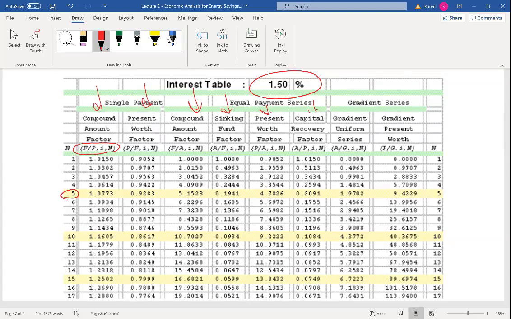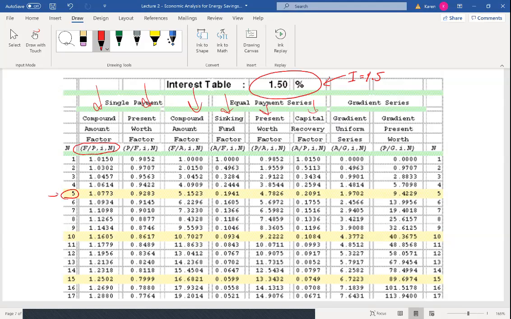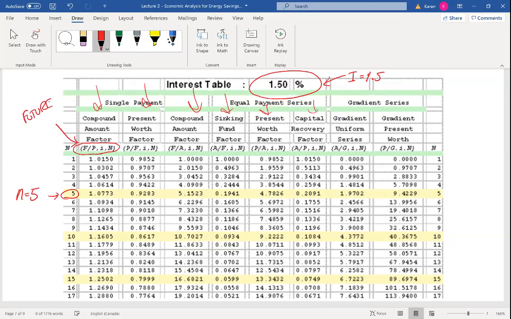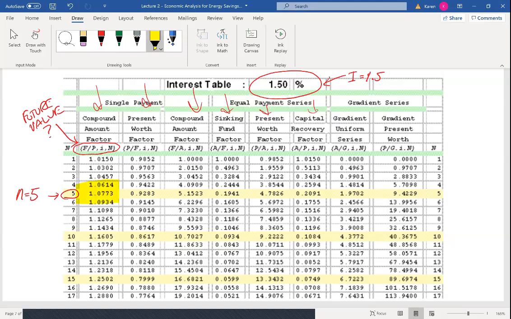In this case, you have interest rate I equals 1.5, or 0.015, and N equals 5. If I want to calculate future value, I would choose this column, and where they all intersect is here. And so that's my factor.